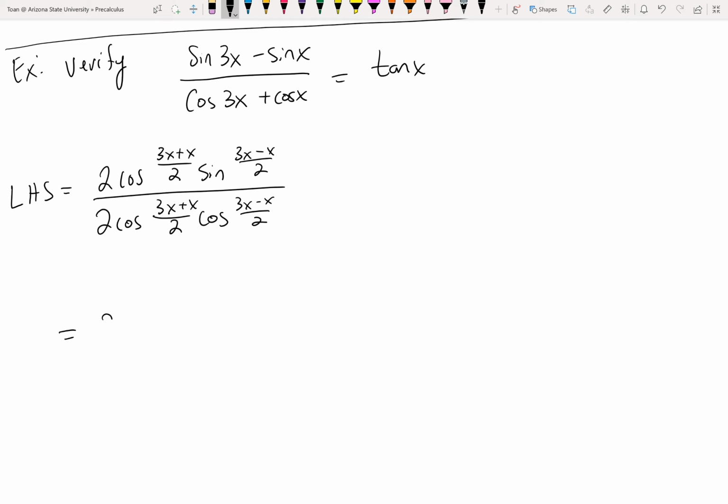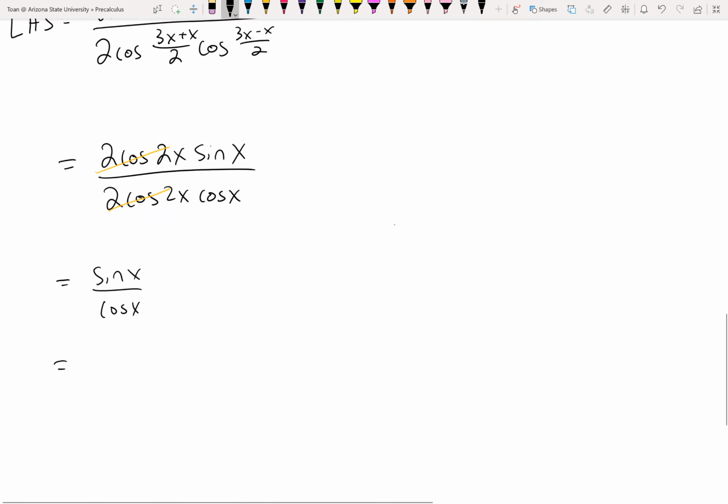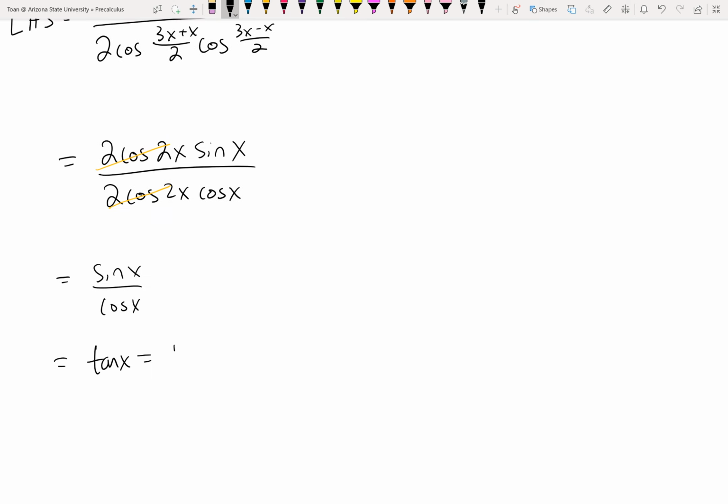So then that gives me 2 cosine of 3x plus x is 4x over 2 is 2x, sine of x over 2 cosine of 2x, cosine of x. Hopefully we can see that the 2 cosines of 2x cancel. I don't need to do the double angle formula there. So you get sine of x over cosine of x, which equals tangent of x, which is exactly what we wanted.